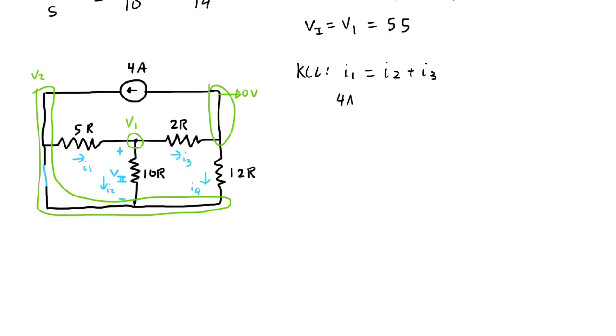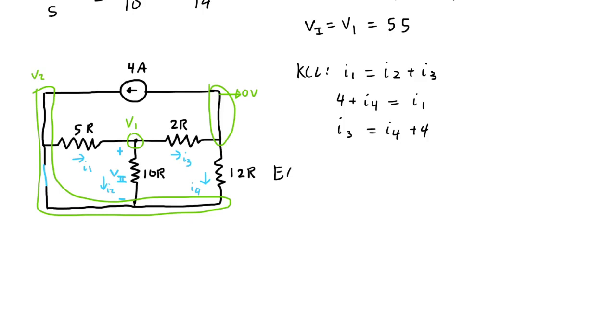Four amps going in plus I4 and I1 leaving, and there's I3 going in and I4 leaving, and 4 amps leaving.